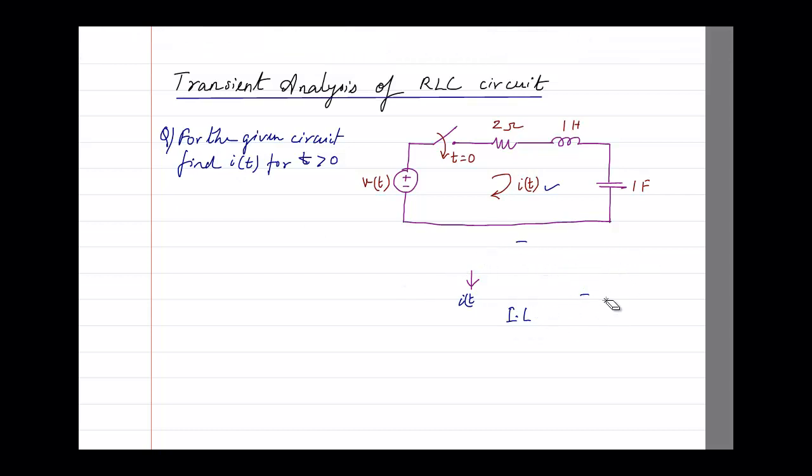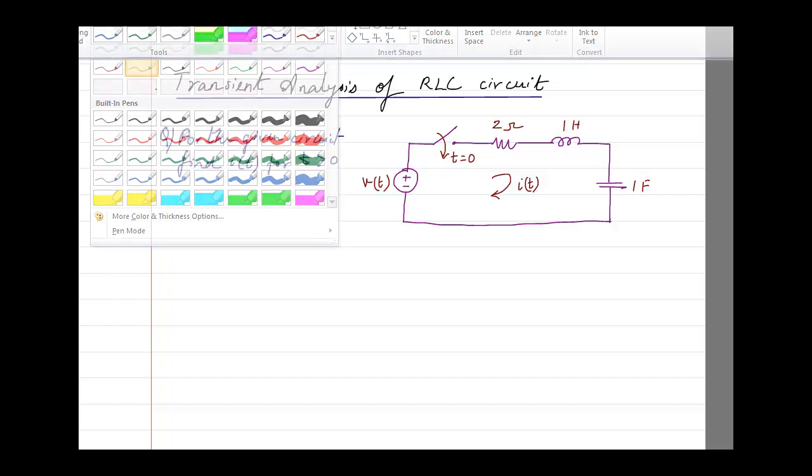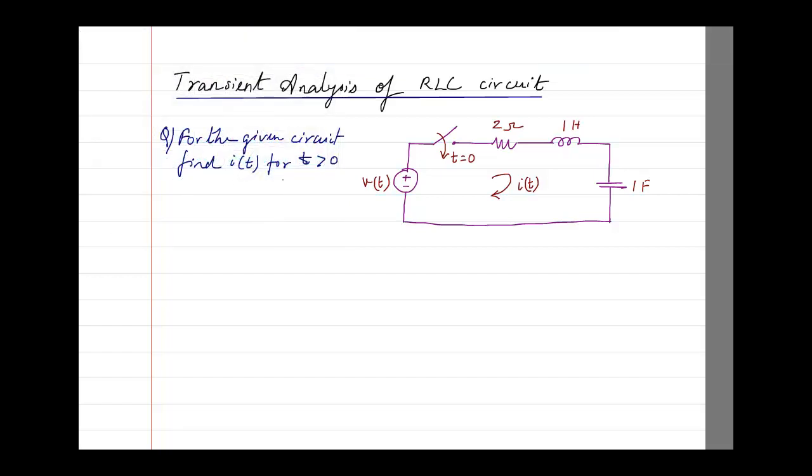So let us consider this case wherein we have to find out what is I of t. If you remember, we had considered finding I of t when V of t is equal to delta t. Second is when V of t is the unit step u of t.